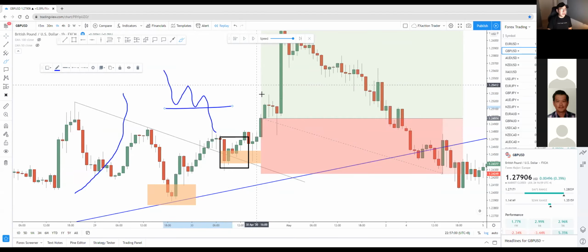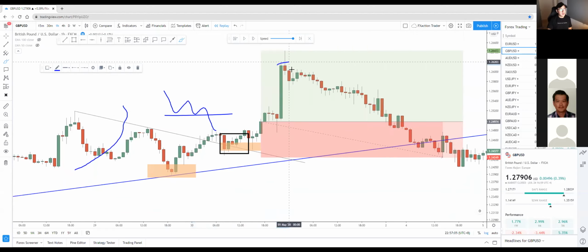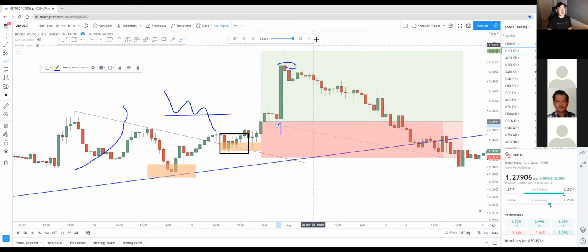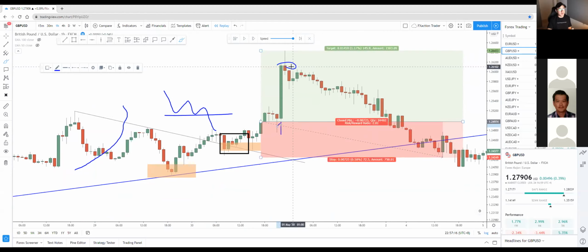Are you going to buy here? Because you are saying, oh, I don't want to wait for a pullback, right? This candle is so strong. Probably the market is going to go up even higher, and you are going to buy here.